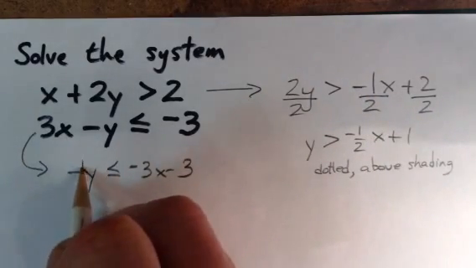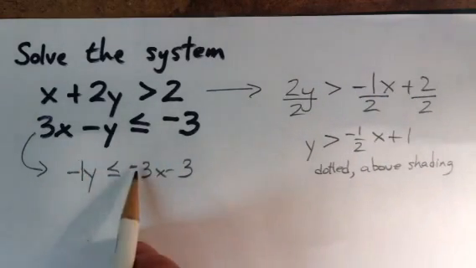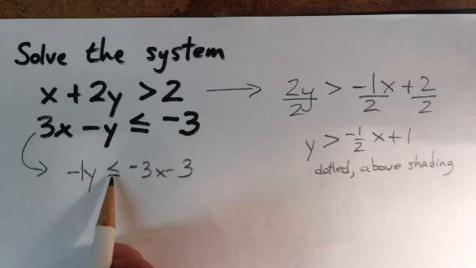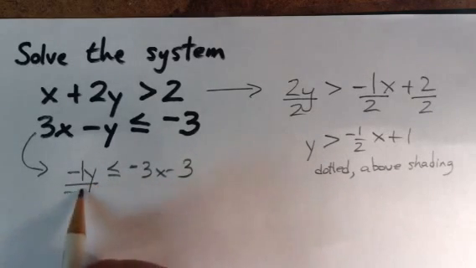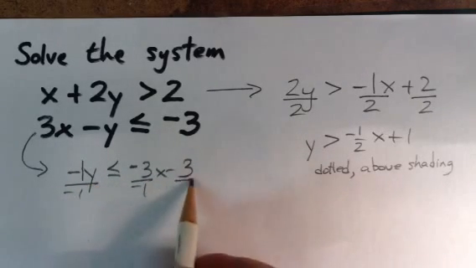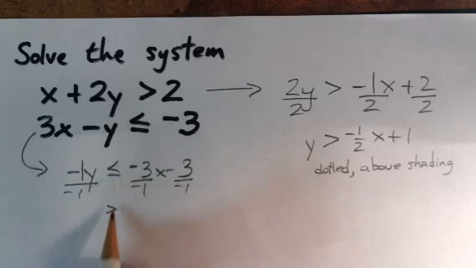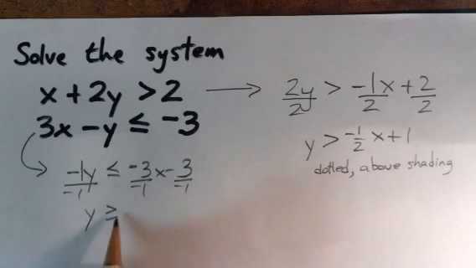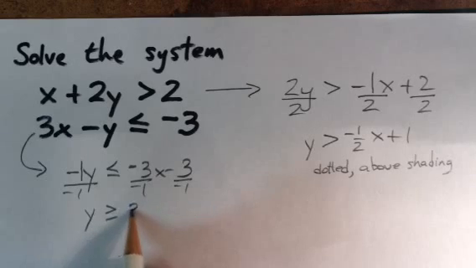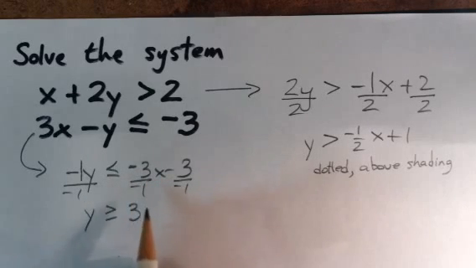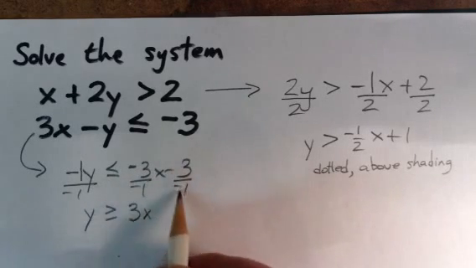If you don't see one, it is a negative 1. I'm going to divide by a negative. What's that going to do to my inequality? It's going to flip that less than to greater than. In this case, greater than or equal to. So I get y is greater than or equal to 3 minus 3x, because a negative divided by negative is a positive. Same thing over here.